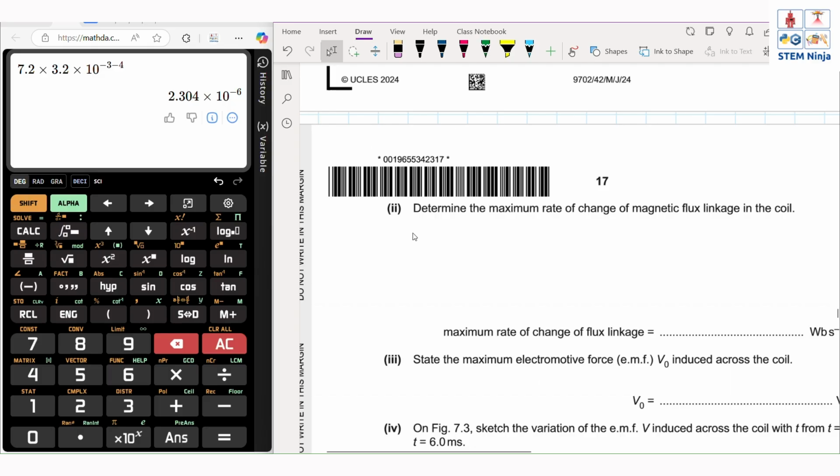So you can write the EMF maximum is going to come from the NA, because these things are constant, the maximum change of magnetic flux density over time. So all we need to find out is what's the maximum rate of change over here.